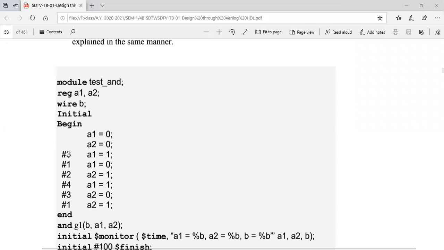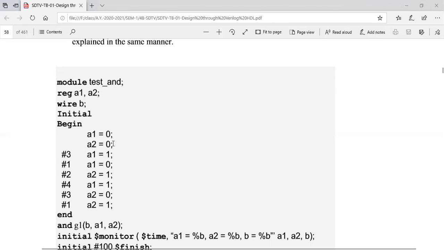After 3 time units, I am not mentioning nanoseconds or microseconds or milliseconds, whatever it may be; that depends upon the compiler. After 3 time units, A1 is going to become 1. At that time, A1 is equal to 1 and A2 is equal to 0.